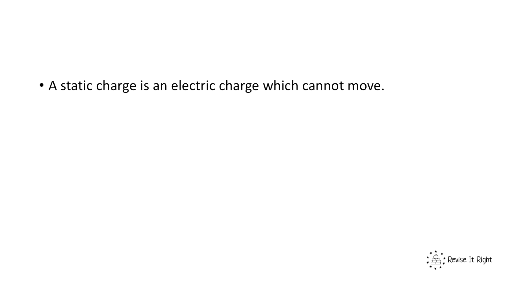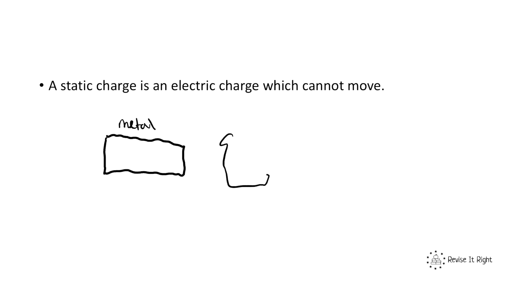When certain insulating materials are rubbed together, friction causes negatively charged electrons to be scraped off one of them. For example, let's draw a bit of metal rod, and here we'll draw some cloth. When these are rubbed together, the friction between them causes electrons to be scraped off one of the materials.